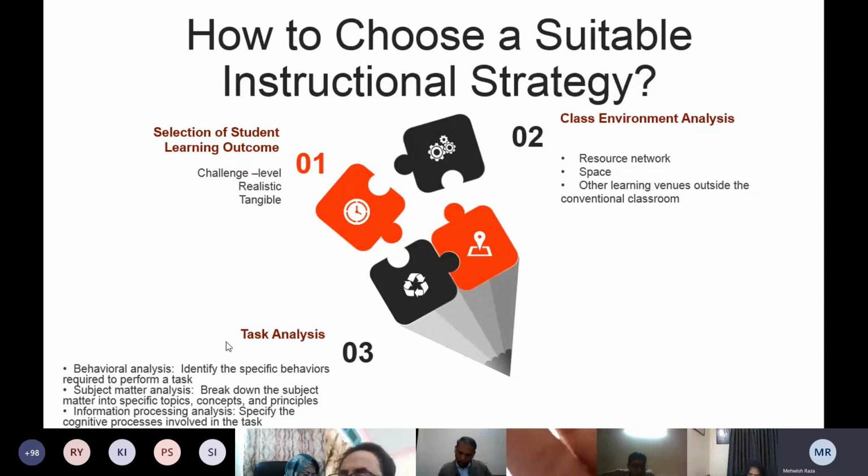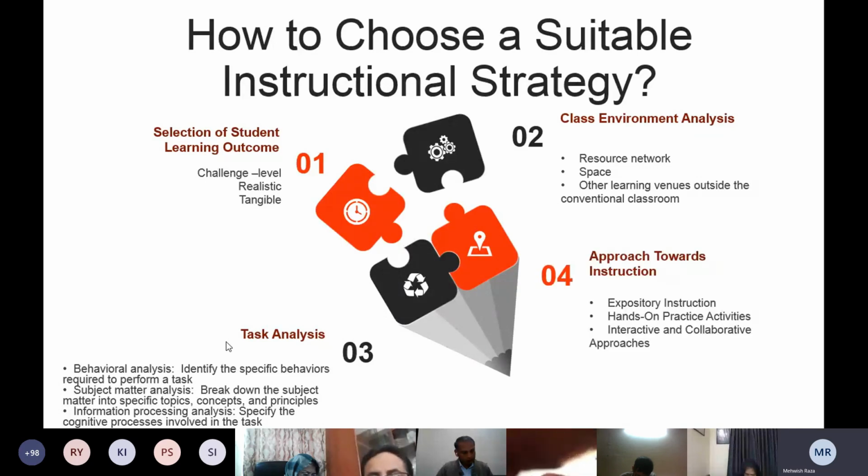How will your students process the information? Will they be involved in reasoning? Will they be involved in evaluation of different concepts, in creation of different concepts? So आप अपना task analysis भी करें, and जो task होता है उसको बेहतरीन तरीके से accomplish करने के लिए कौन सी learning strategies हैं जो कि आप use कर सकते हैं.